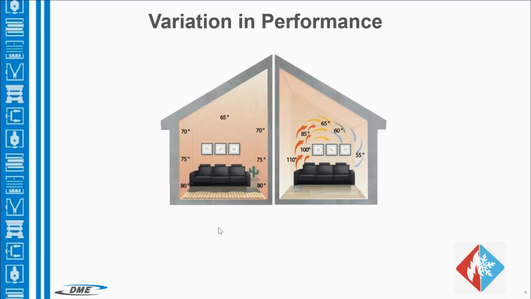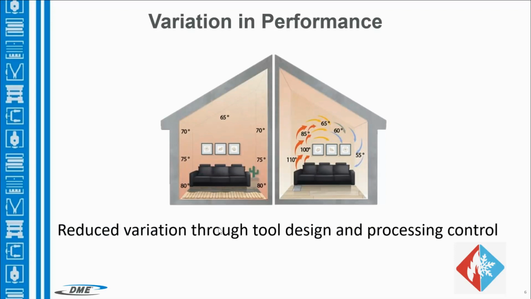And that's our job as a solutions provider to the industry. We're trying to open the process windows, reduce the variation that you have to deal with on a day-to-day basis so you can improve your operational efficiency. And we're going to do that through robust tool designs and the implementation of good process control mechanisms.